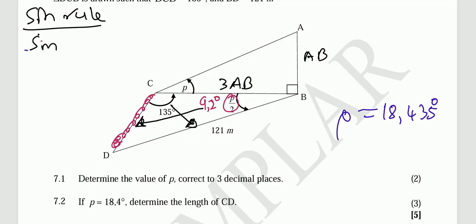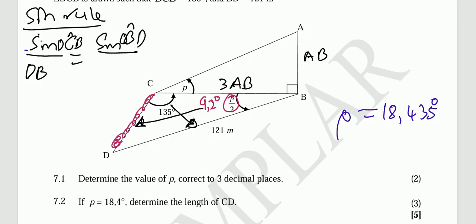Meaning sine of angle C over which side? DB will be equal to sine of angle B, which is CBD, over CD, the side that you are calculating.